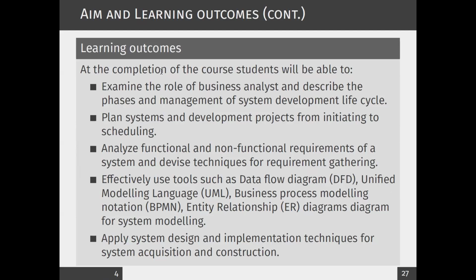So what we expect at the end of the course is that you should have these skills and knowledge. First, you should have a good understanding of what business analysis does, especially during the beginning of software development. Then, when it comes to developing an information system, usually you have to start a software development project.